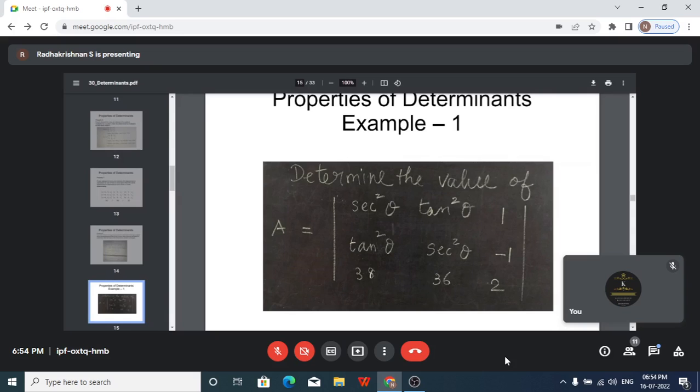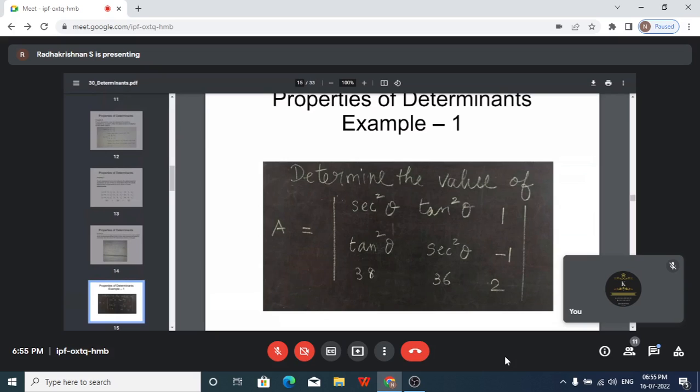Otherwise, if we can bring one whole row as a scalar multiple of something else, then the scalar can be taken out. That way we can simplify. So we should try to manipulate so that we either take out some scalar or equate two rows or two columns. That is how we solved this.